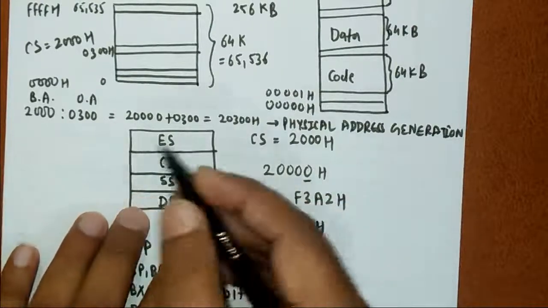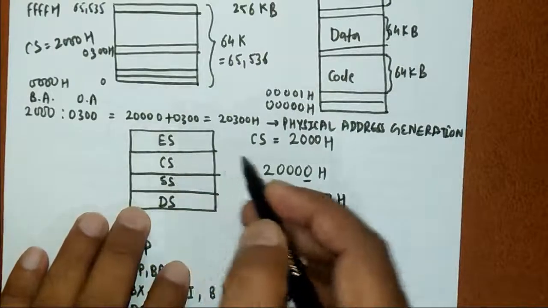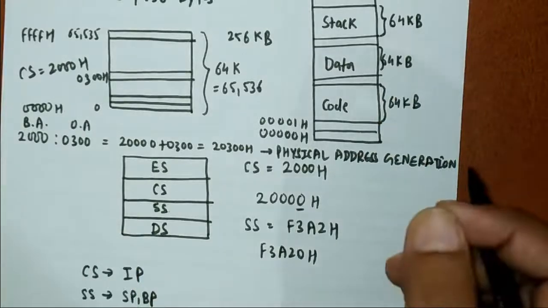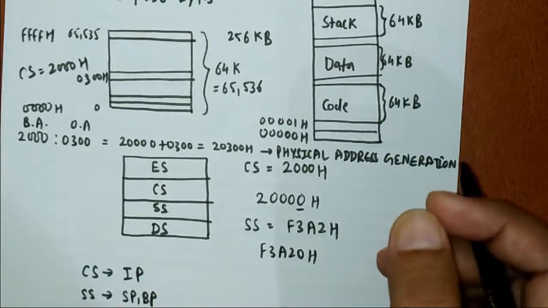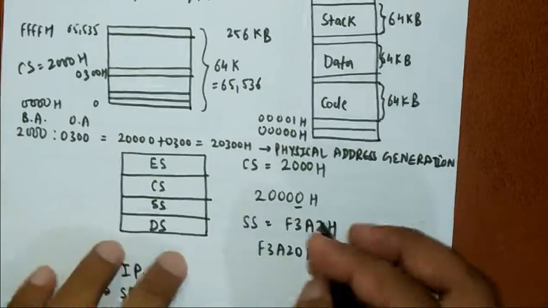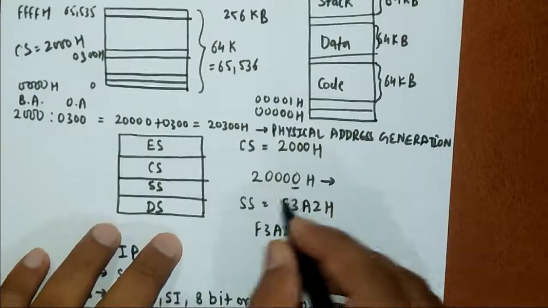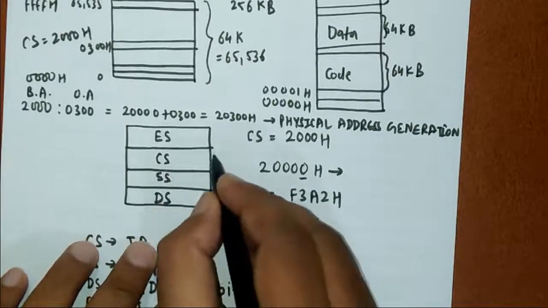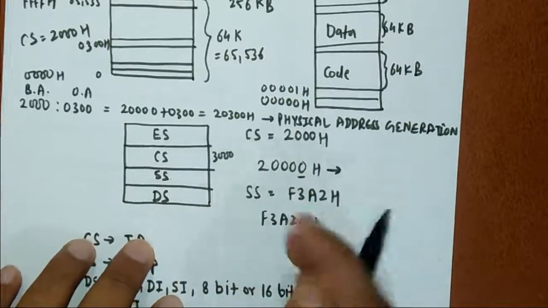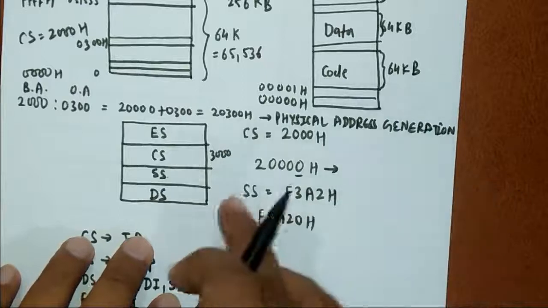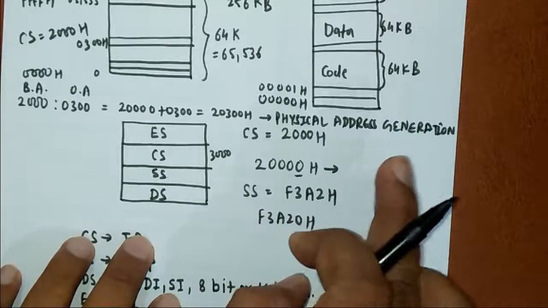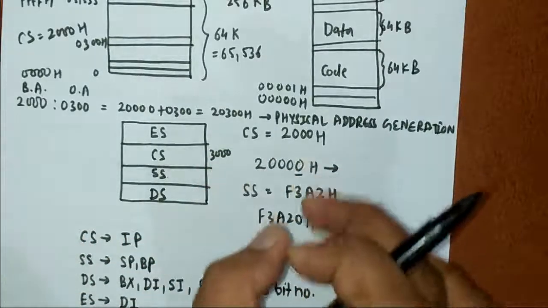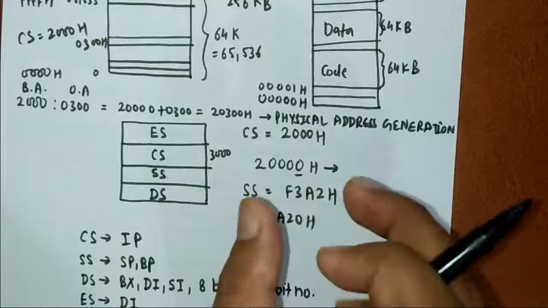If I change the value of the code segment, then the whole program will be copied to another place in microprocessor memory. Assume that at this memory location I have written a certain program, and in the next step I simply changed the value of the code segment to 3000. Then the whole code that I wrote earlier at this location can now be accessed at the new memory location by changing certain instructions in the 8086 microprocessor.